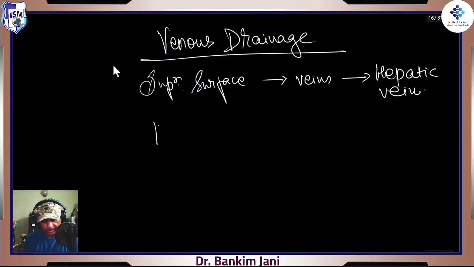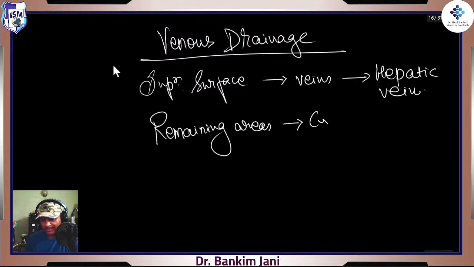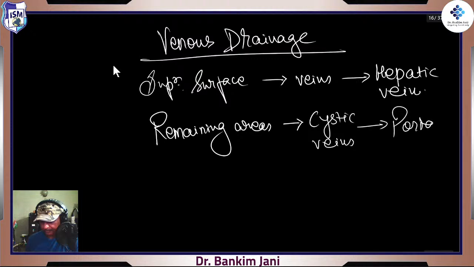And the remaining ones, from the rest of the areas, they will go to cystic veins. And these cystic veins will be going into the nearest, that is the portal vein. Right. So that's how the venous drainage is.